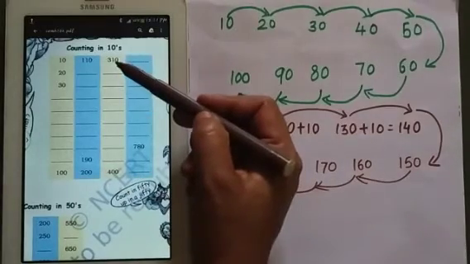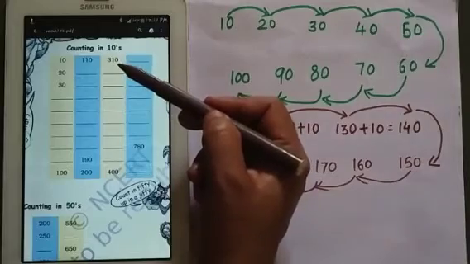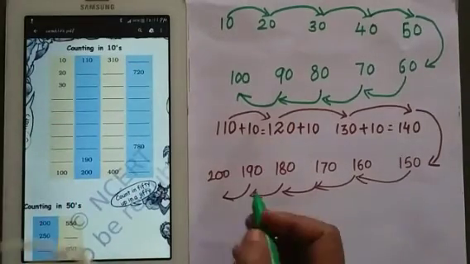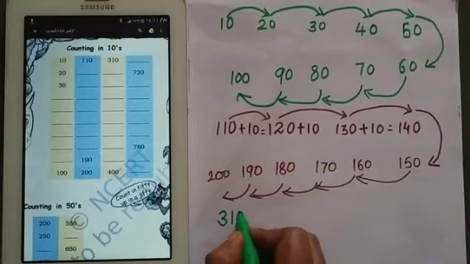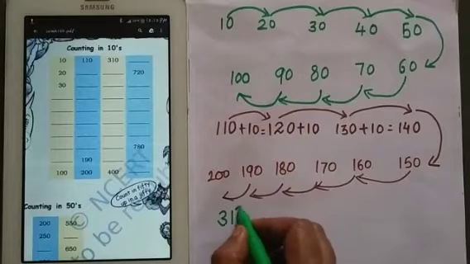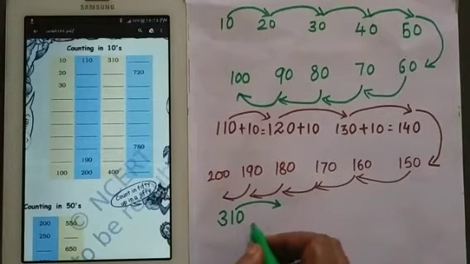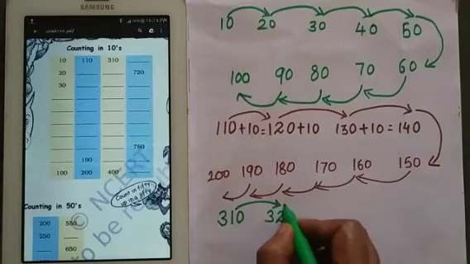Yes. Now we are seeing 310. Yes. See. 310. Okay. We are counting in tens. It means we are skipping. 310 plus 10, 320. 320.